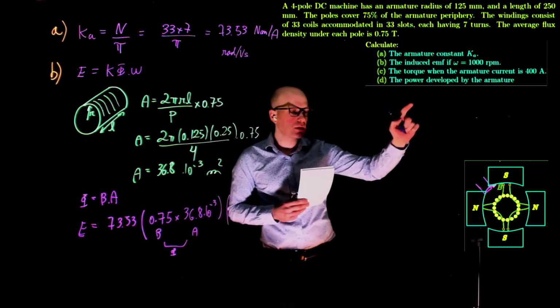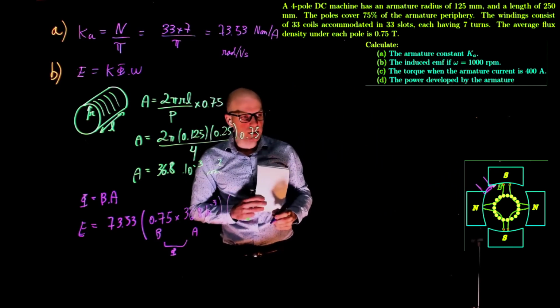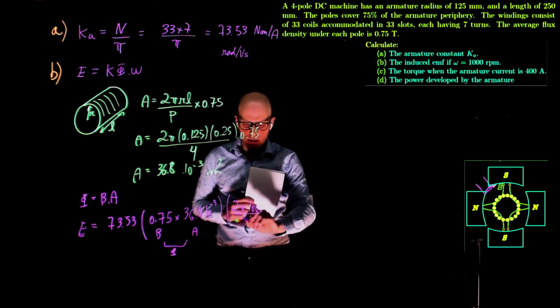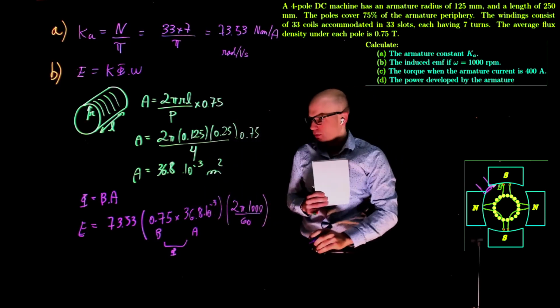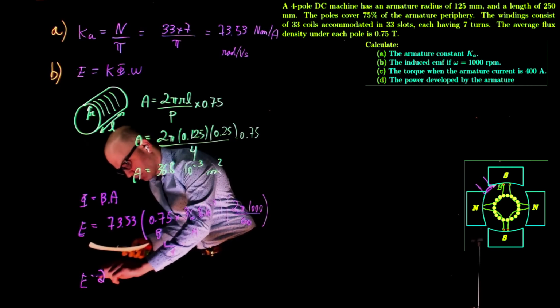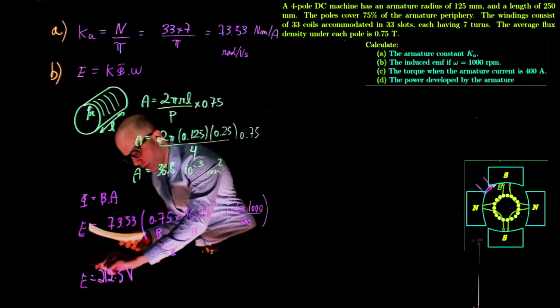The speed is 1000 RPM, which in radians per second is 2 pi times 1000 divided by 60. Which gives an EMF of 212.5 volts.